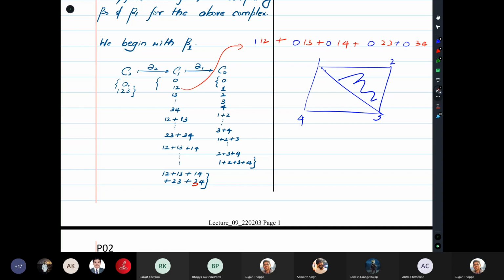Because there are 5 edges and they will form the basis. Sure, the basis consists of 5 elements, which is [1 2], [1 3] all the way up till [3 4]. So this is just one choice of a basis. You can equivalently come up with several other options. So this is like the standard basis that one can think of. So that's the reason C1 has dimension 5.